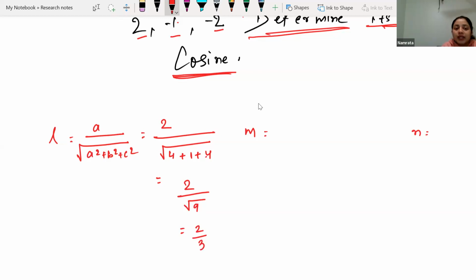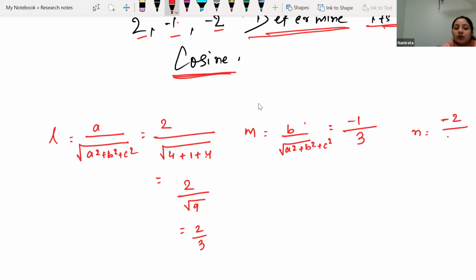Similarly, here we will have B over the same thing, the square root of A squared plus B squared plus C squared. Our B value is -1 and the denominator, which we have already calculated, is 3. Now C over the same denominator, where C is -2.